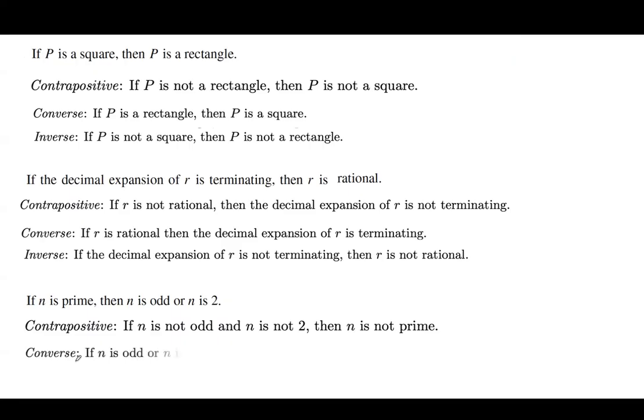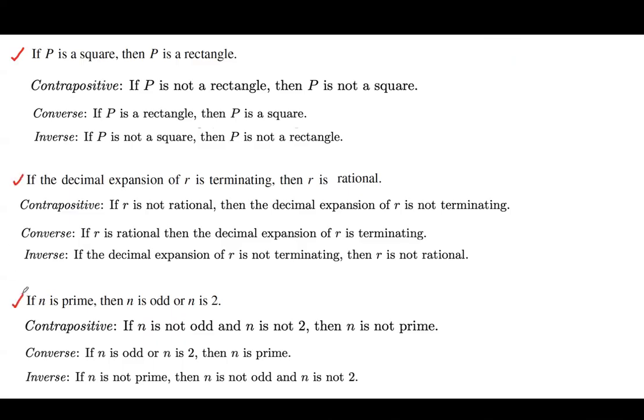The converse is if n is odd or n is 2, then n is prime. The inverse is if n is not prime, then n is not odd and n is not 2. So three examples for you to feel a little bit more comfortable with the definitions of contrapositive, inverse, and converse.